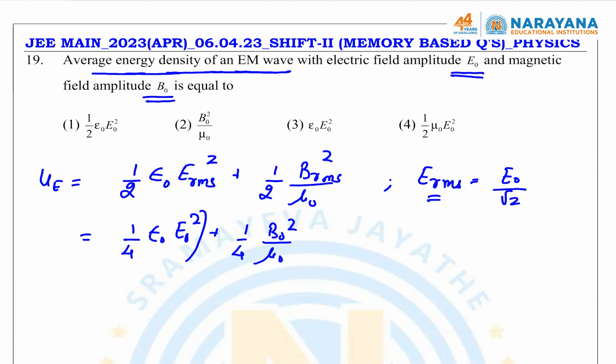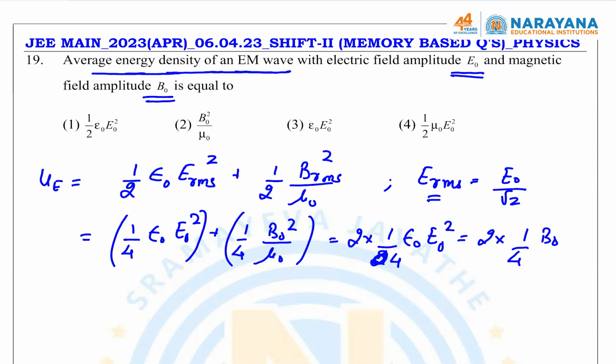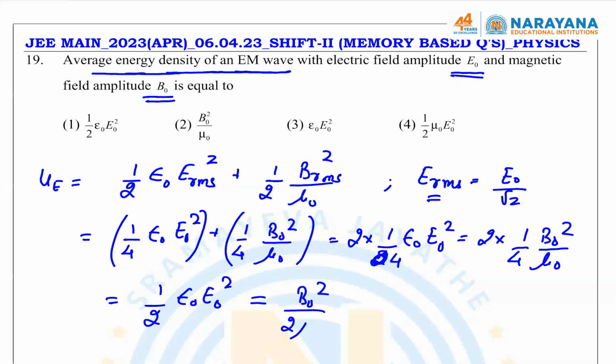These two terms are equal to each other. So this can be written as twice of 1 by 4 epsilon naught E naught square, or twice of 1 by 4 B naught square by mu naught. So this becomes half epsilon naught E naught square and also B naught square by 2 mu naught. So this is the average energy density total.